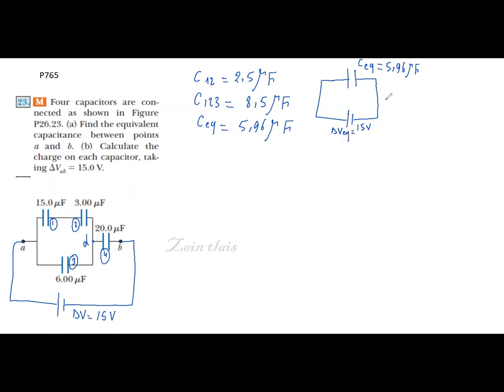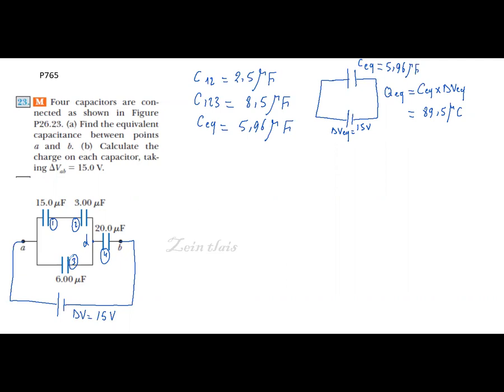So we can calculate Q equivalent, which is equal to C equivalent times delta V equivalent equals 5.96 times 15 equals 89.5 microcoulomb.